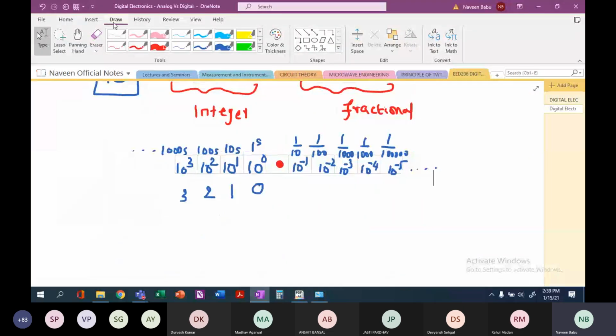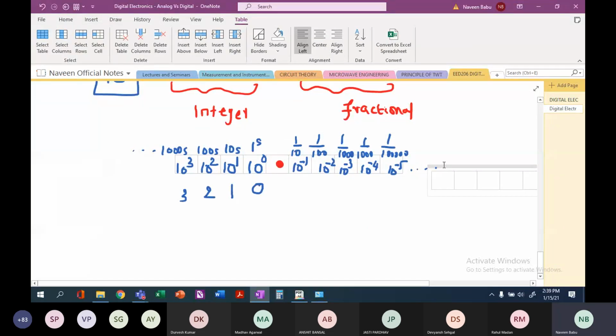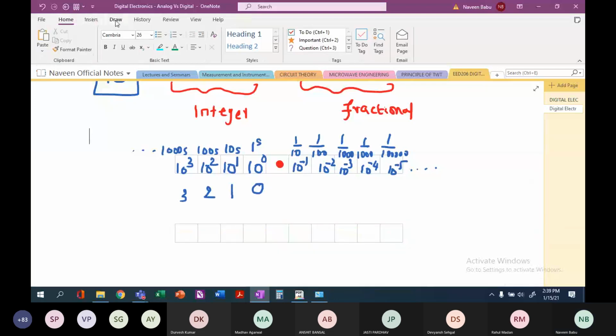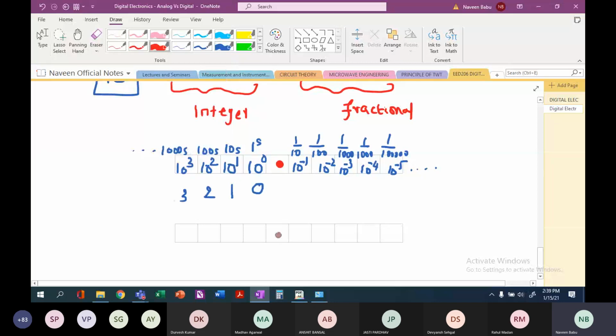So in case it is an octal number system, this will be the decimal value, and what will be the weight of this position? The weight of this position is going to be 8 power 0, 8 power 1, 8 power 2, and 8 power 3. This will be 8 power minus 1, 8 power minus 2, 8 power minus 3, 8 power minus 4, 8 power minus 5.